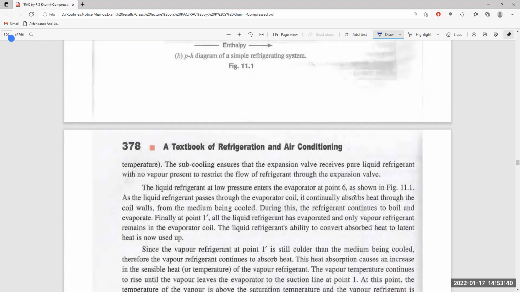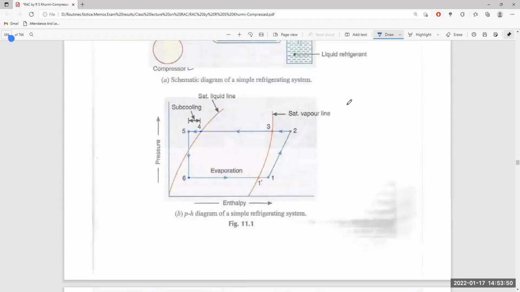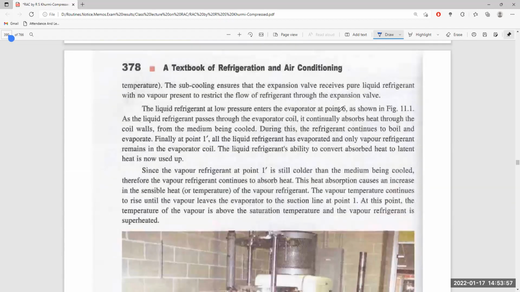The liquid refrigerant at a low pressure enters the evaporator at point 6, as in the above figure. As the liquid refrigerant passes through the evaporator coil, it continually absorbs heat through the coil walls from the medium being cooled.